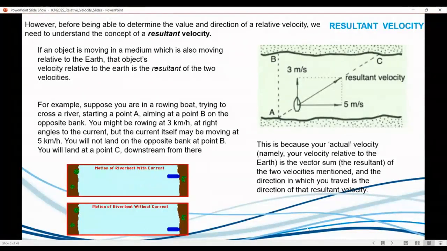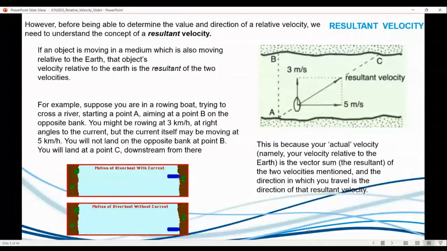So what's going to happen is that you won't land at point B, because the tide is going to push you away, and you land up at C, right? But if you want to know exactly the speed at which you'll land and where you'll land, you have to take the vector sum of the two. If you take the vector sum of you rowing the boat plus the river, you end up with the resultant velocity. And that will give you an angle, and that angle will also tell you how far you actually moved away.